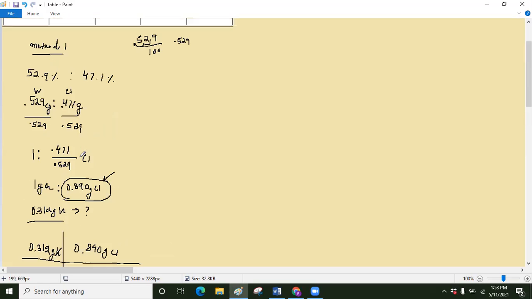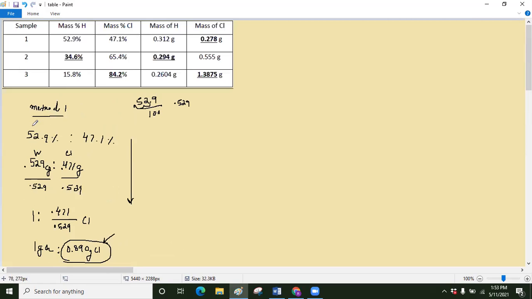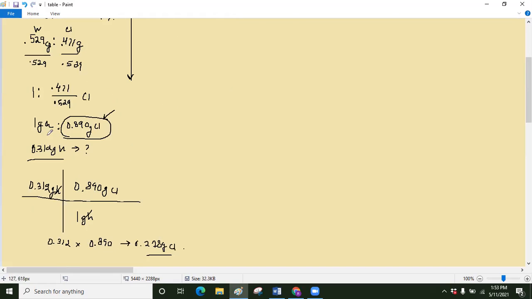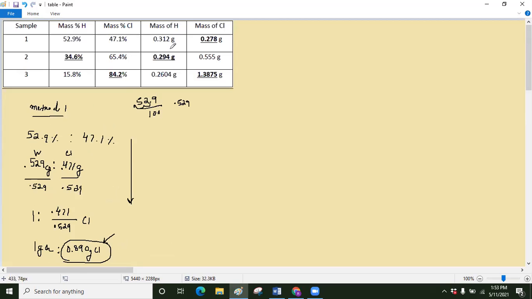But one interesting point to note is that maybe we didn't have to go this route. Maybe instead of making a ratio of the percentages, we could instead make a ratio between the grams, right? And that's ultimately what we did down here, right? We reduced it down to grams. But if you were to jump straight to the grams, you actually couldn't do that, right?